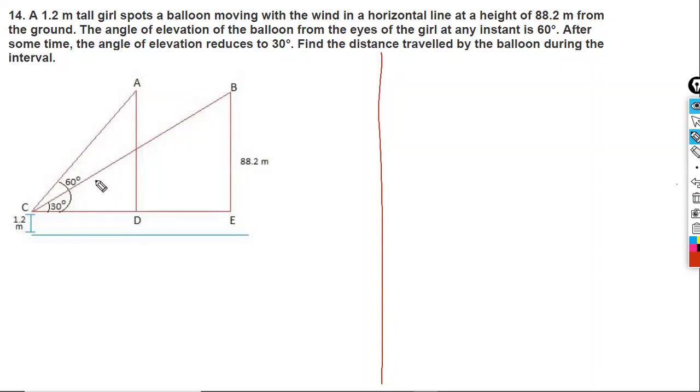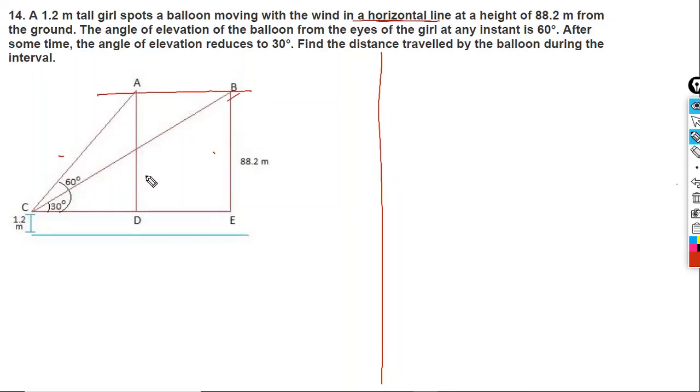Now here we have to find the length of BE and AD. Keep in mind AD is equal to BE, because it is told that the balloon is moving with the wind in a horizontal line. So this is a horizontal line.